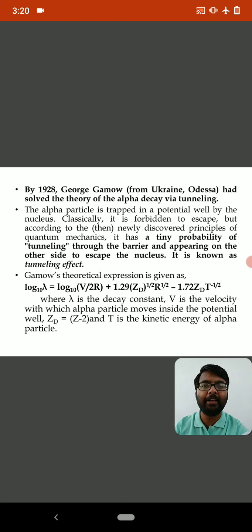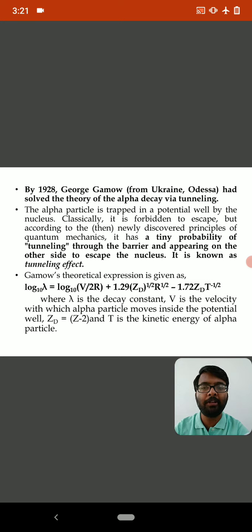Classically it is forbidden, which means it is not allowed to escape, but according to the newly discovered principles of quantum mechanics, it has a tiny probability of tunneling through the barrier and appearing on the other side to escape the nucleus, and this effect is known as the tunneling effect.